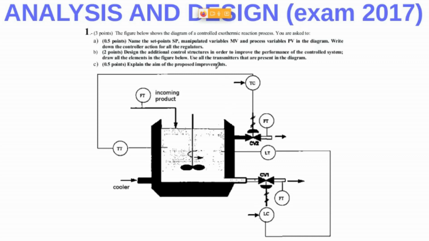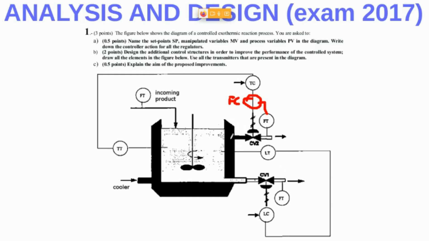Fine. Well, the additional control structures could be, for example, here, where we are applying the temperature controller action. We can add, for example, a flow controller here, in order to reject any disturbance that may happen in here. And be careful. I want to make the difference between this flow in here and this flow in here.